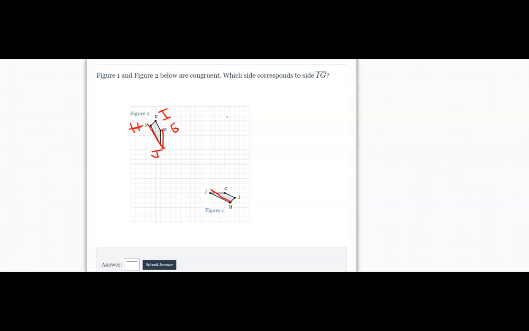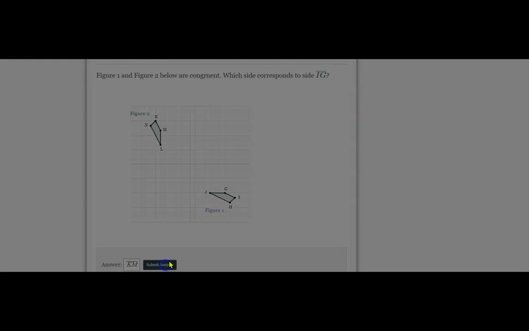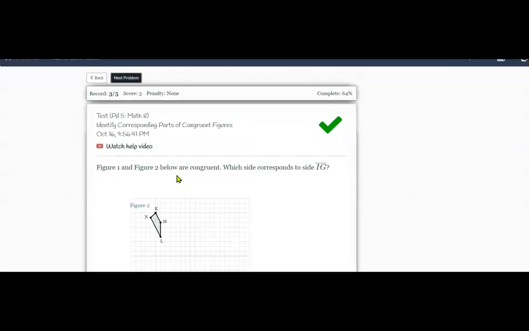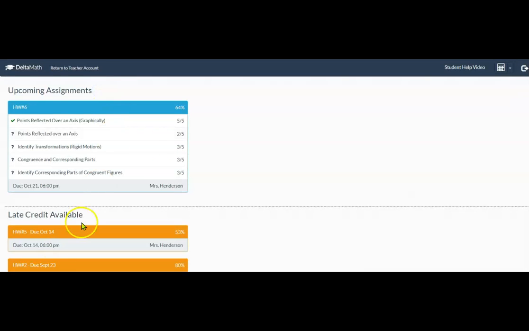So the matching side to IG would be KM, right? I is here, G is there, so KM. KM is what I want to type here. And that's it. Excellent. All right, good luck.